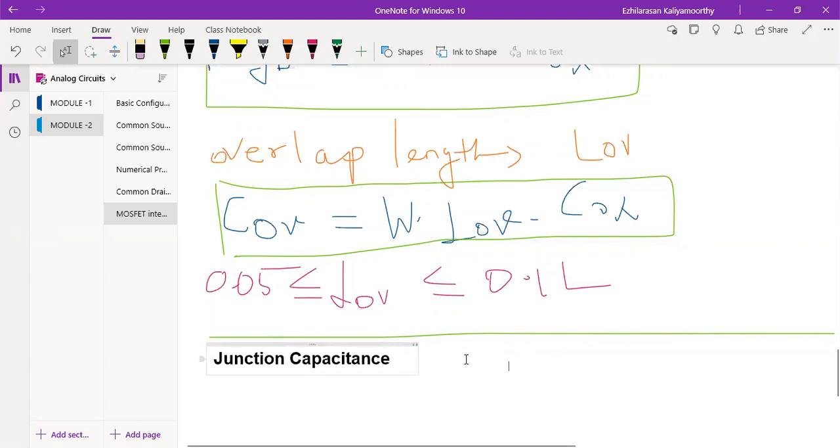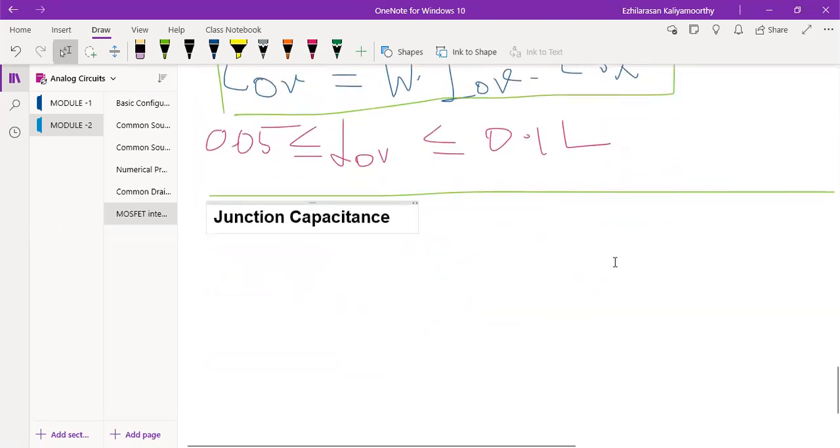So that only we can call the depletion layer junction capacitance. Now, how can we calculate the formula for this capacitance? First is the depletion layer capacitance of the two reverse-biased junctions. Before that, let me show one more diagram for you.